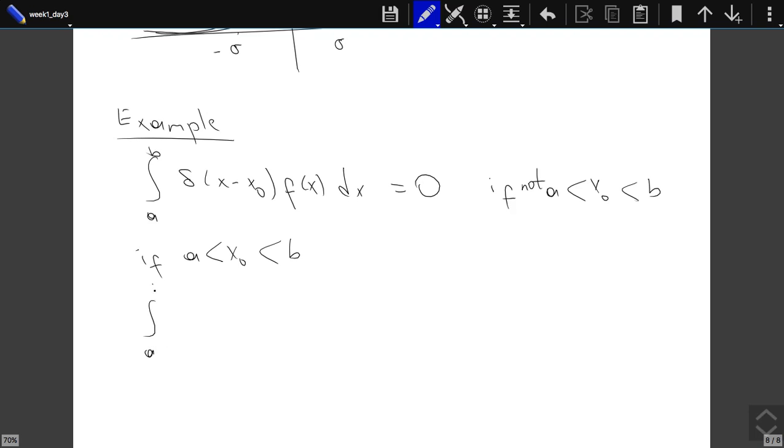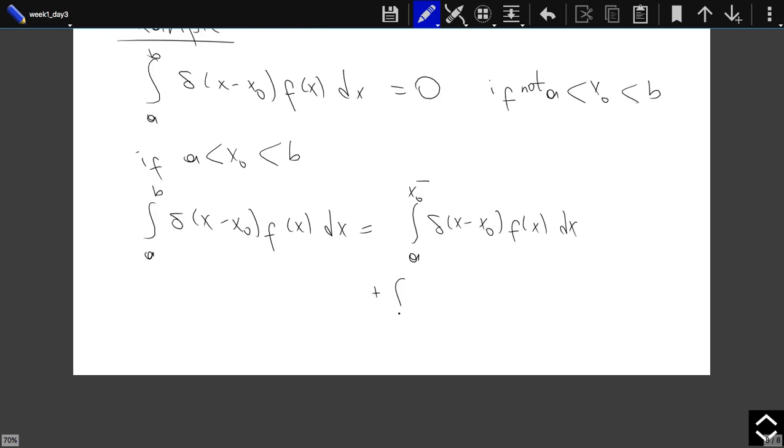Well, let me first divide this integral from a to x0, let's say minus, just to the left of x0. Then from the left of x0 to the right of x0.